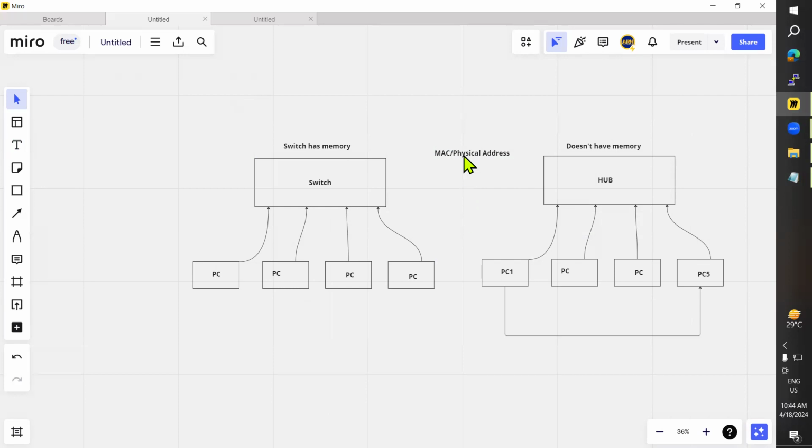Each phone has an IMEI number, right? Likewise, each PC has a MAC address, which is called the physical address.